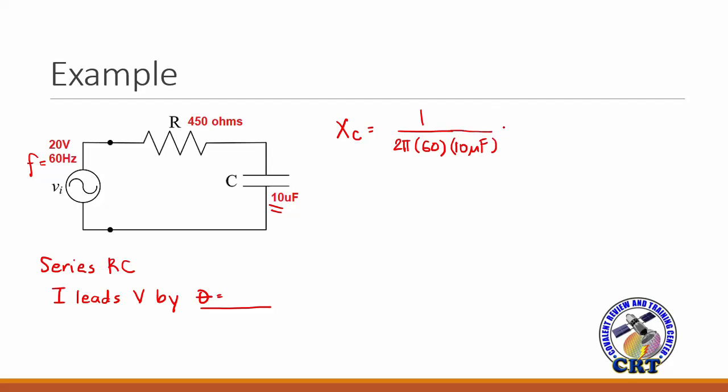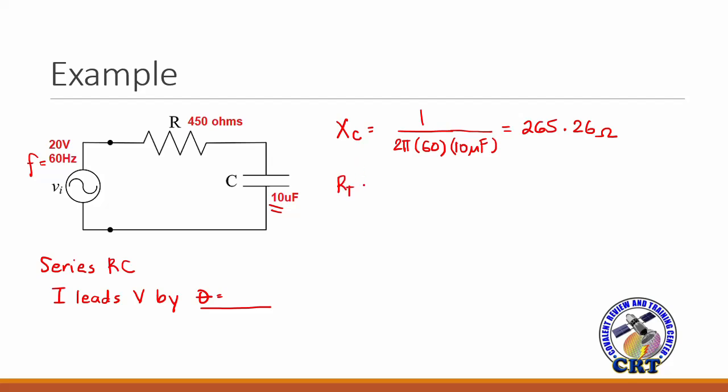Okay. So let us solve that operation. And this is equivalent to 265.26 ohms.